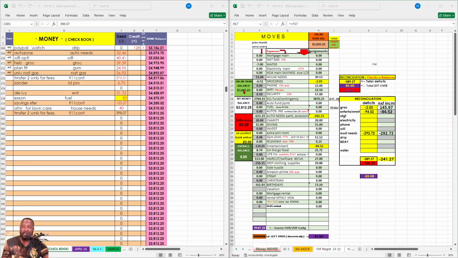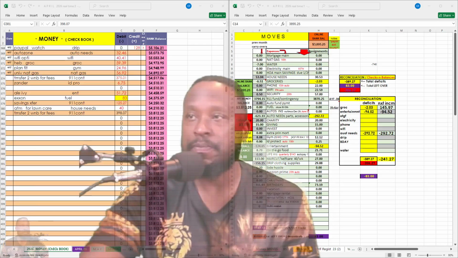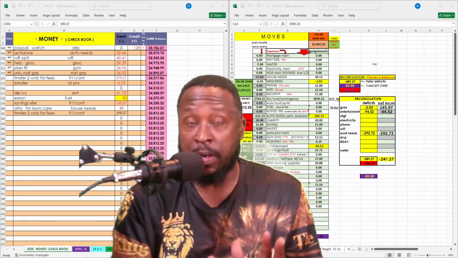And that means that this amount really is not the correct amount. This online banking balance that the online bank shows me is showing me that I have a bank balance of 38.95.25, but it's not accounting for that $83. So that's also a part of this whole process, as I mentioned earlier, about kind of knowing what's going on.